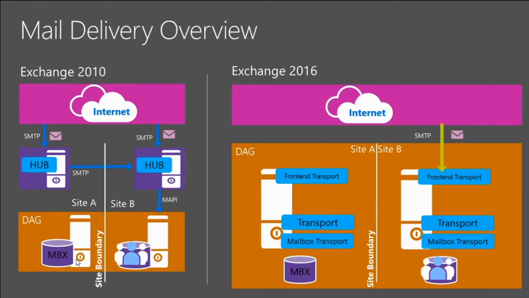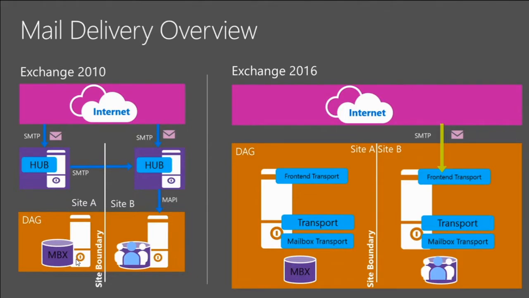So I'll briefly highlight the components in 2016, and then we'll go deeper into it. You'll see that there are three components, in this case all shipping on the same box. Not the case in 2013. You do have a cafe box in 2013 that has the front-end component. So you have three components: the front-end transport, transport, and mailbox transport.